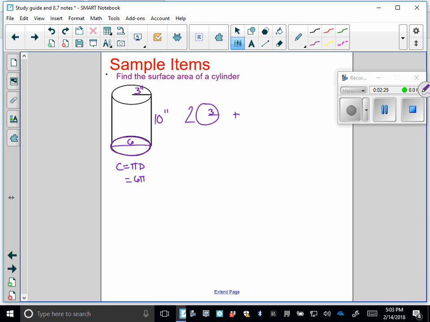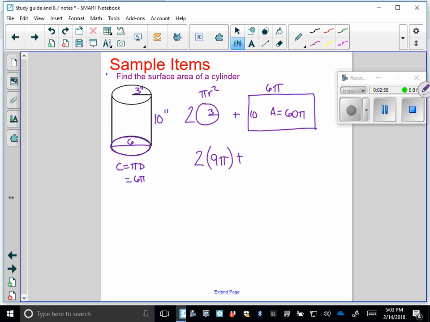So when I think of my rectangle, this would be 6 pi. The height is 10. So the area in here is 60 pi. And this is 2 times 9 pi, because the area of the circle is pi r squared.